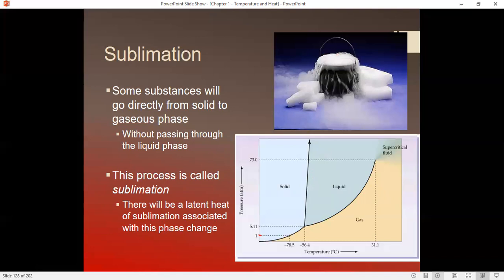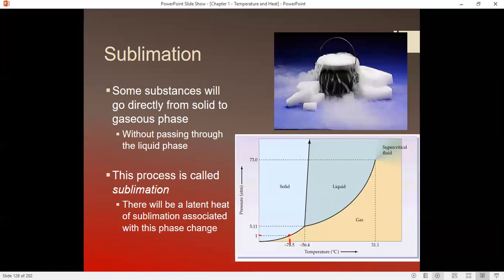It is a solid at negative 78.5 degrees Celsius. So when we ship anything in dry ice, like for instance, they're shipping the Pfizer COVID vaccine in dry ice, it turns directly into a gas.